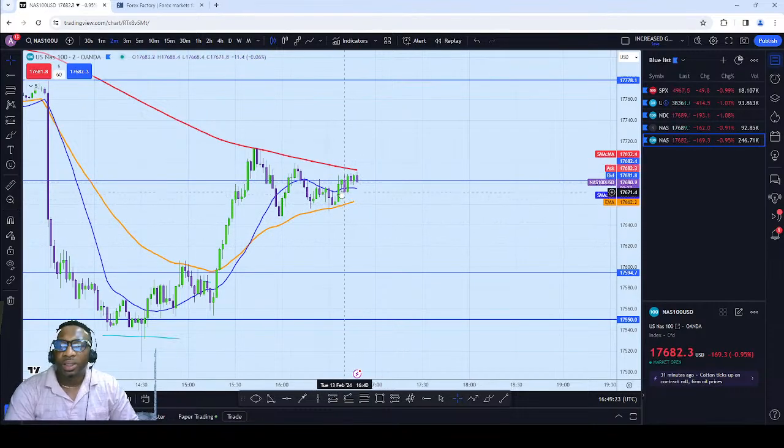Currently the 200 moving average area seems to be acting as an area of resistance. We'll wait and see what happens.